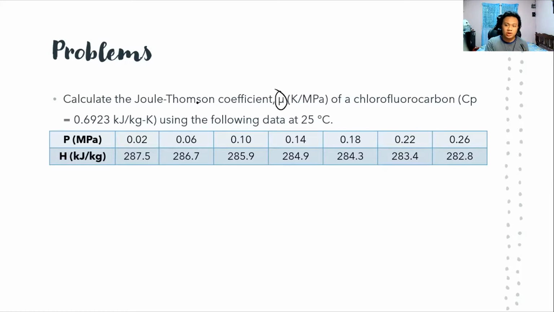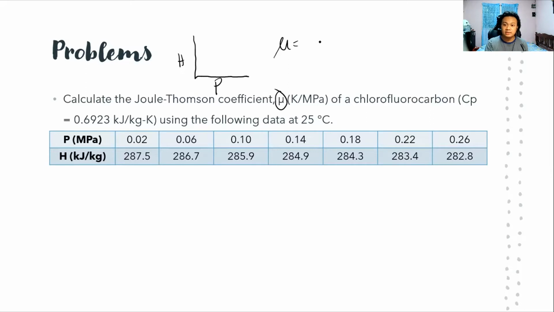So in order to find the mu, we have to do linear regression. To do the linear regression, we have to find out what is the y and also the x component. That's easy. So the y component is the h, and then the pressure is the x. Okay, so then we have to find the mu.